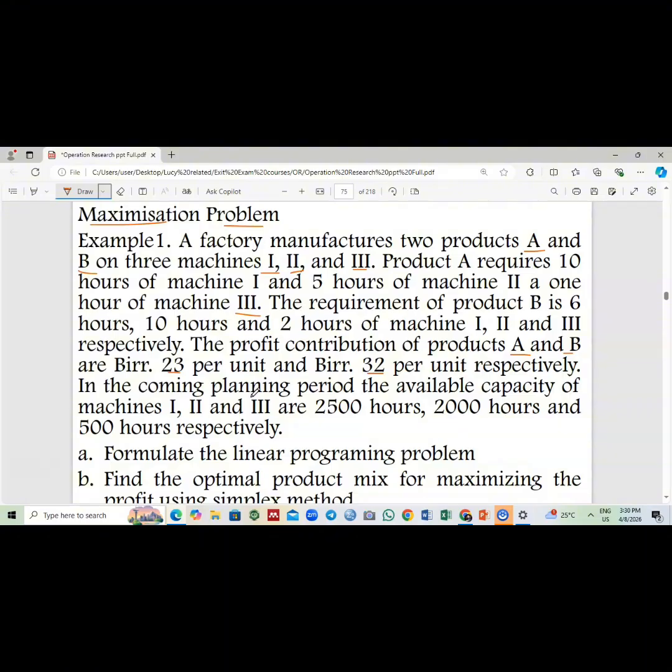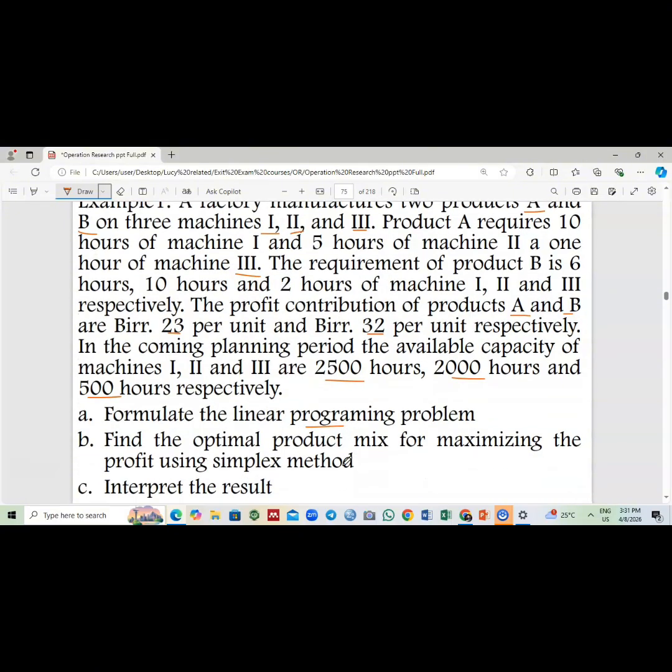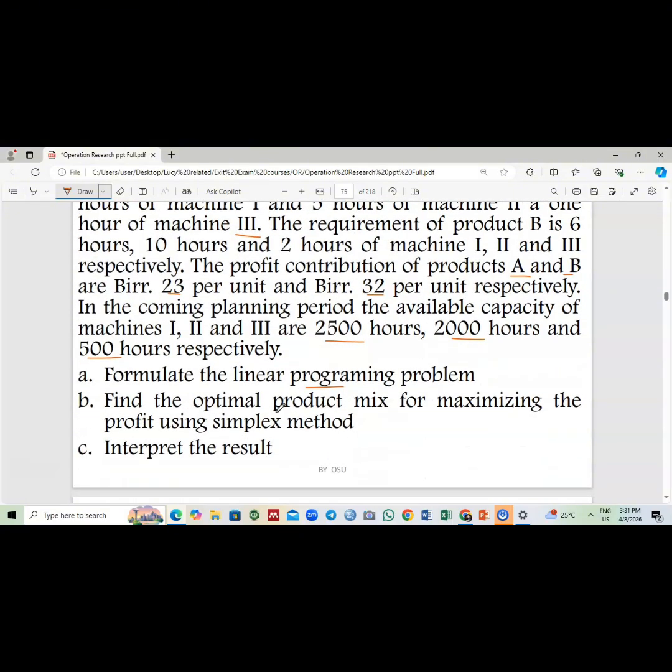In the coming planning period the available capacity of machines 1, 2, 3 are 2,500, 2,000 hours and 5,000 hours. Now, formulate the linear programming problem. Find the optimal product mix for maximizing the profit using simplex method.